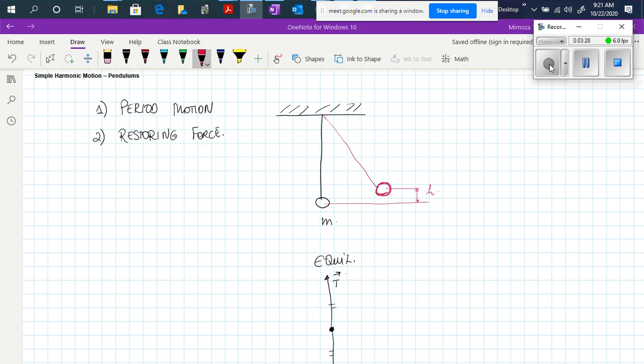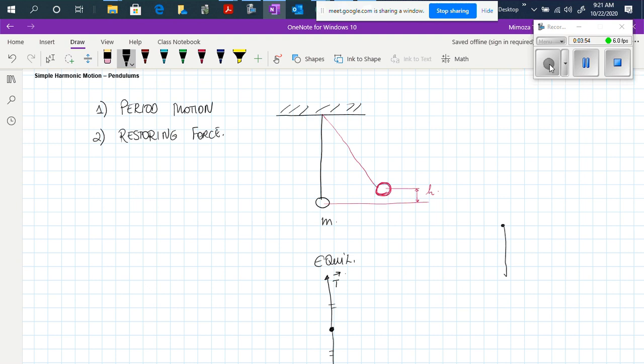So let's draw the free body diagram of the object right as we release it from that maximum height. The free body diagram at this position will be something like this.